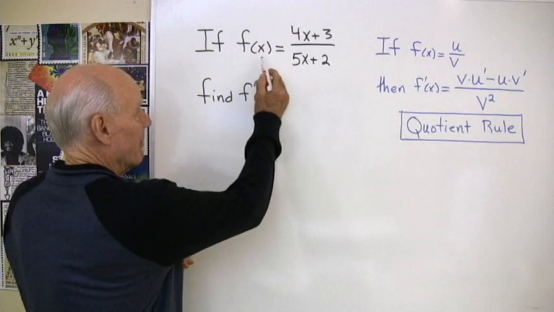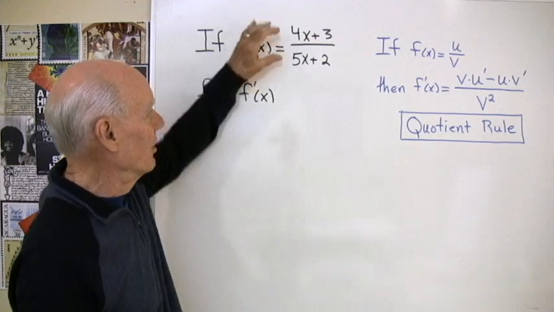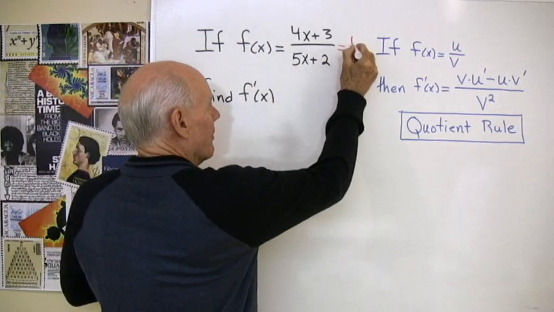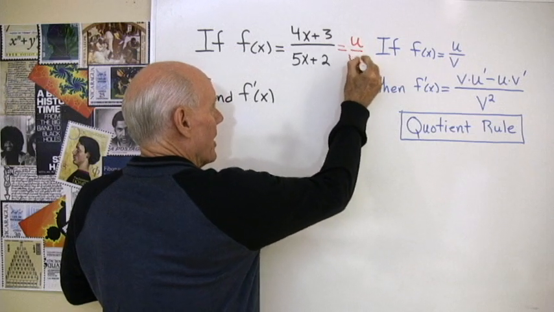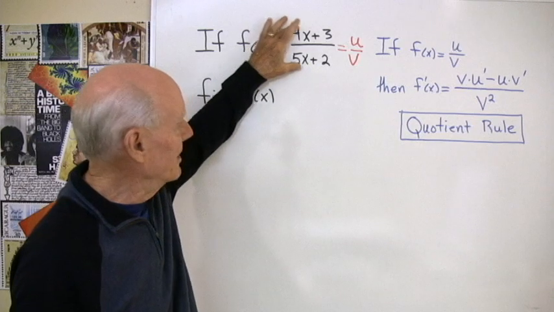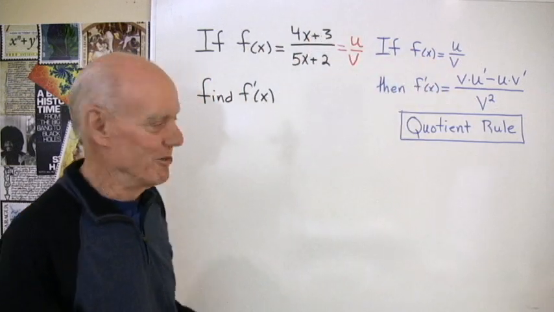So here I have f of x is 4x plus 3 over 5x plus 2. Well, that has the form of a function of x divided by another function of x, u over v. So I'm just going to look at this as if it has this form and apply this formula to get the derivative.